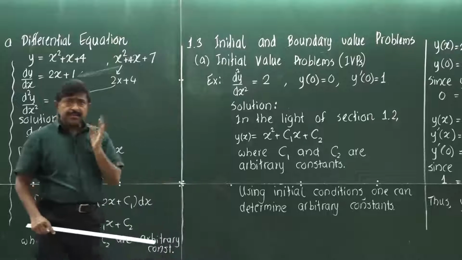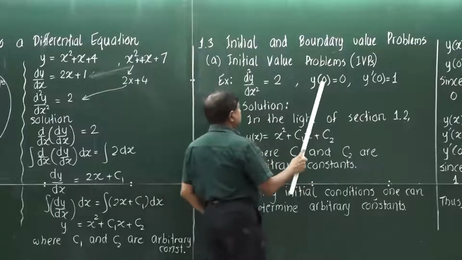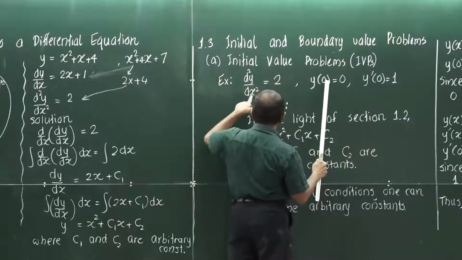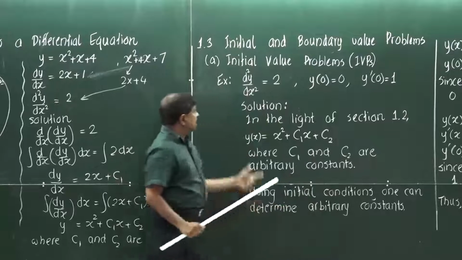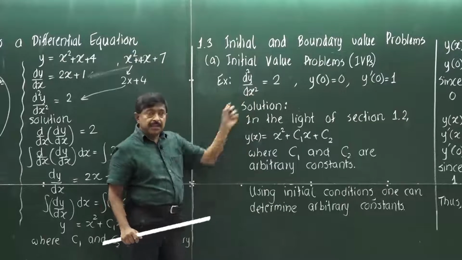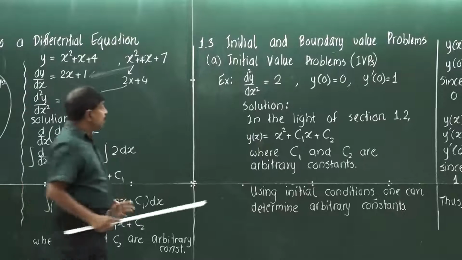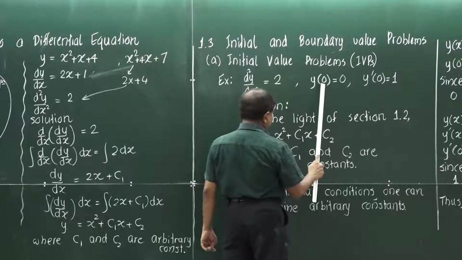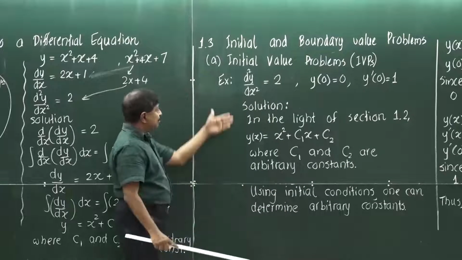They are called initial value problems because you have all the conditions when the independent variable is equal to 0, when x is equal to 0. If the independent variable is the time variable t, then you get all initial values, like the initial value of the function, the initial derivative of the function, right.